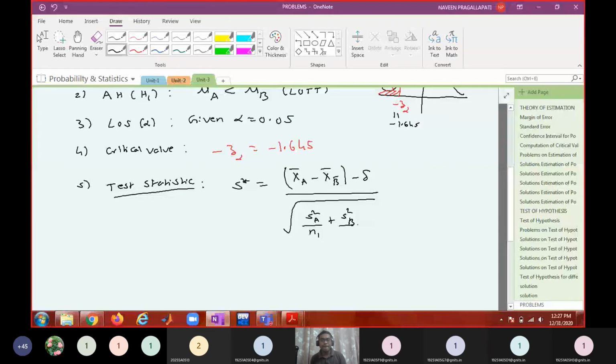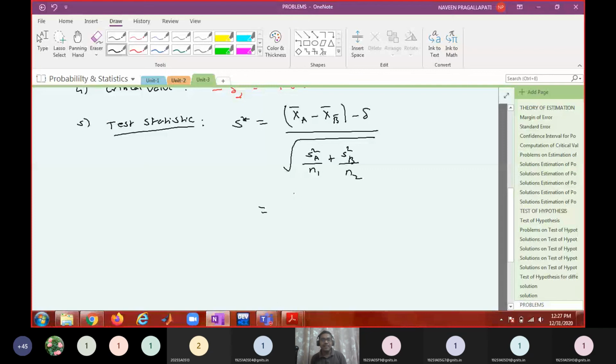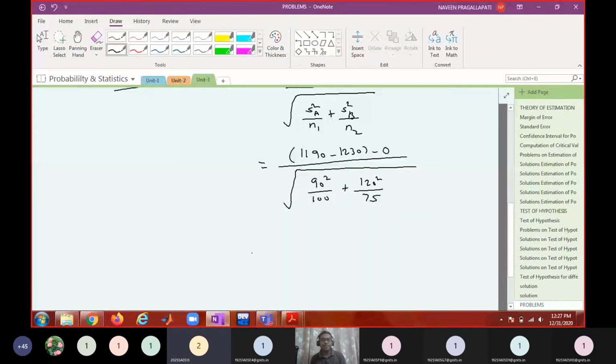Now substitute the values. What is the first one? 1190 minus 1230 minus delta, which is 0, divided by, please tell me the values, standard deviations: 90 square by 100 plus 120 square by 75. Now compute this value: minus 2.42.